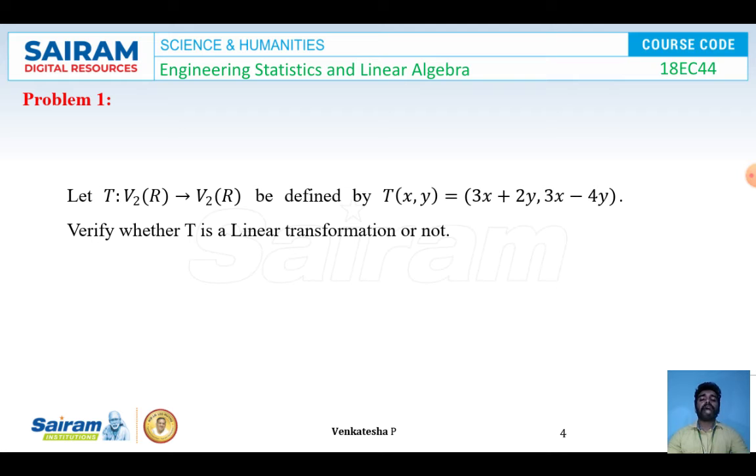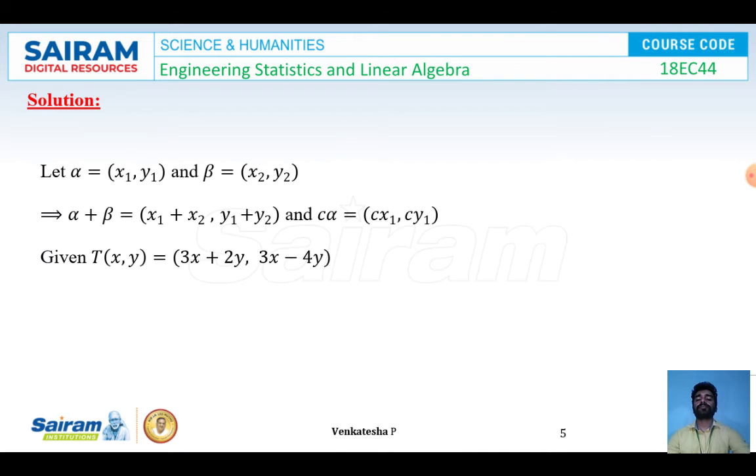So to prove this, I am going to consider two vectors alpha and beta taken from the vector space V2 of R. I'll take alpha is equal to x1, y1 and beta is equal to x2, y2, along with the scalar C belonging to the field F. Since we have to prove that T of alpha plus beta is equal to T of alpha plus T of beta, I am going to combine both vectors alpha and beta.